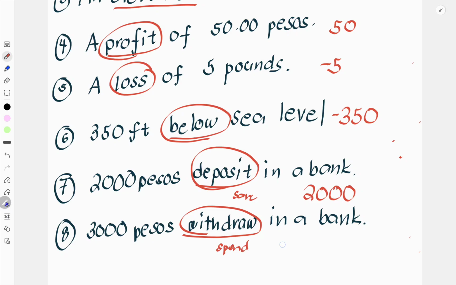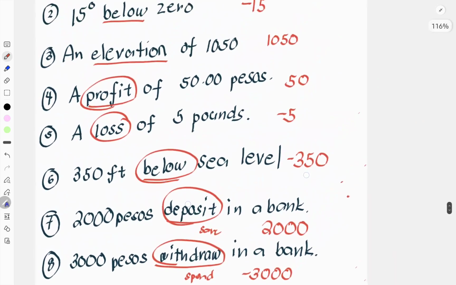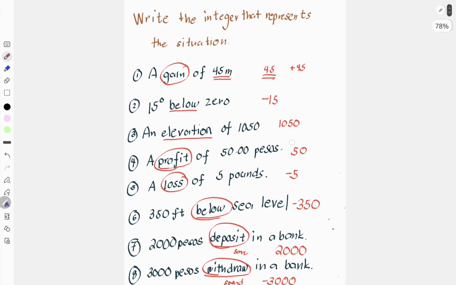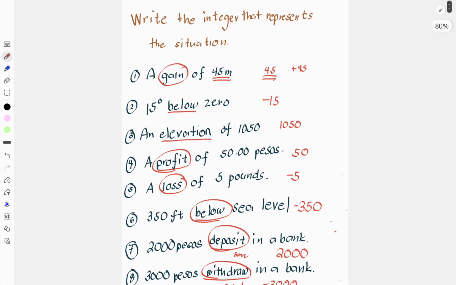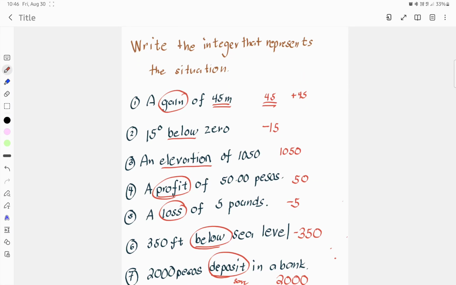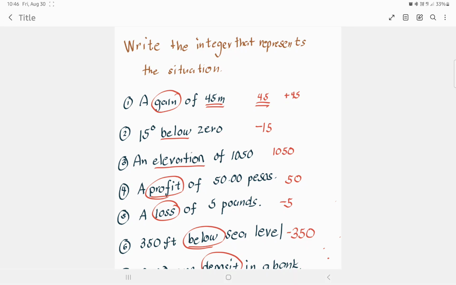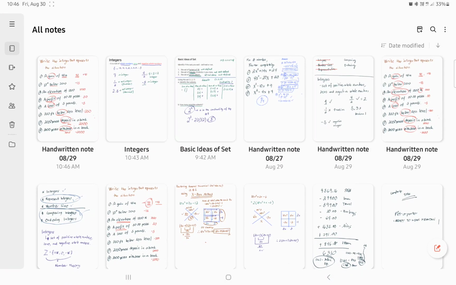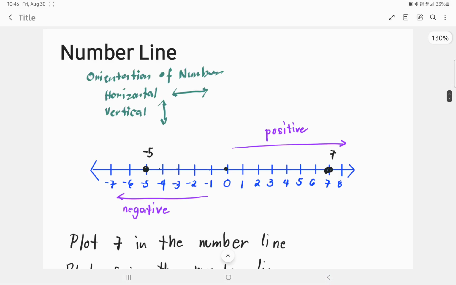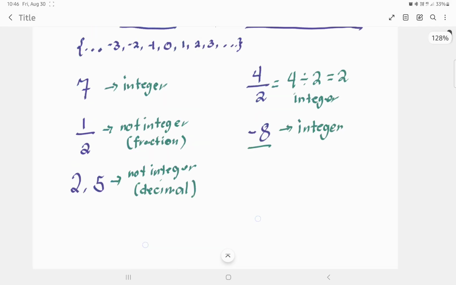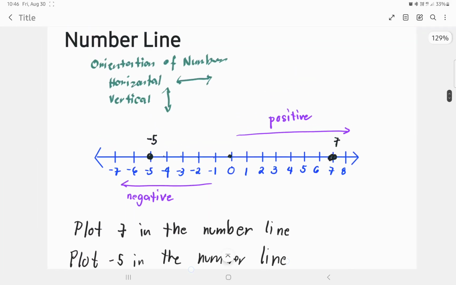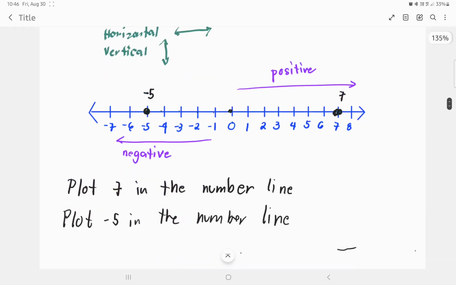So you have now -3,000 in your bank account. I think that's how you represent integers in a more practical way. Okay, let's go back to our notes. We now have the 3 ideas. First, we defined integers. We had different cases. Then we have the number line.